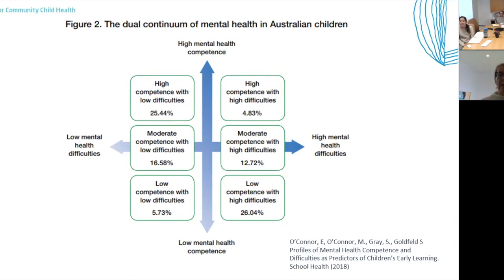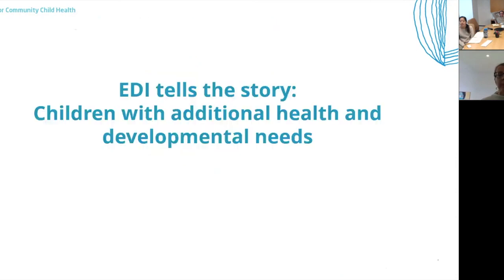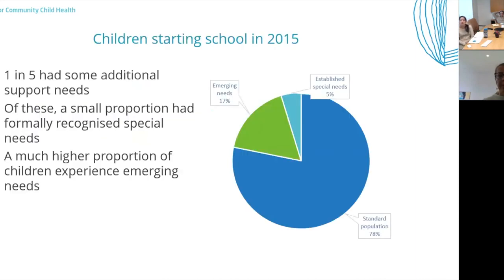The second area I want to talk about is children with additional health and developmental needs. And this is a really important story. And this is probably the most important story that we've been trying to focus on. These kids who have, in particular here, this 17% of kids who have emerging needs. On the EDI, we were able to ask teachers, is there a bunch of kids that you're worried about that need an assessment around a whole range of issues?